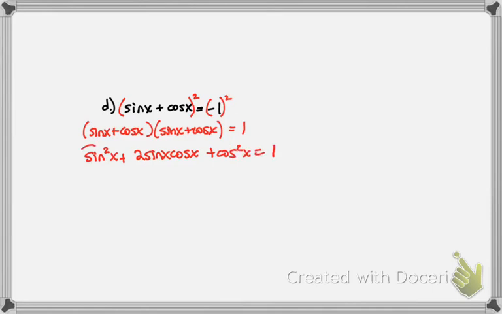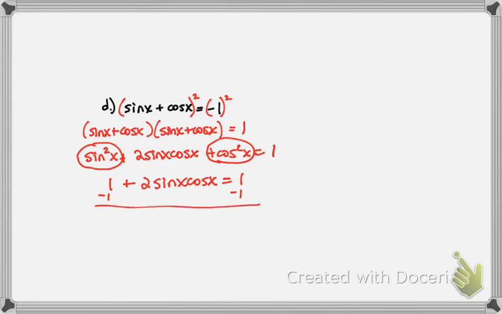I know that sine squared plus cosine squared is equal to 1, and I'm going to leave the 2 sine of x cos of x alone because I like to change one thing at a time. And I can also see now that if I set this equal to 0, then I get 2 sine of x cos of x equals 0 because the 1's cancel.